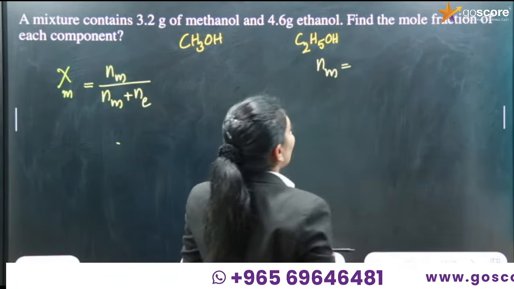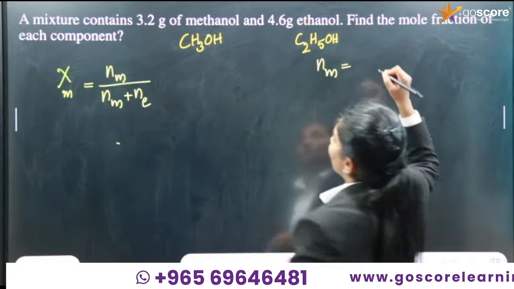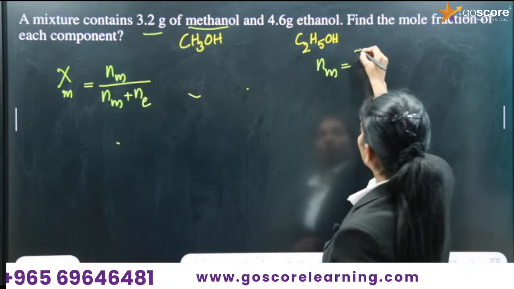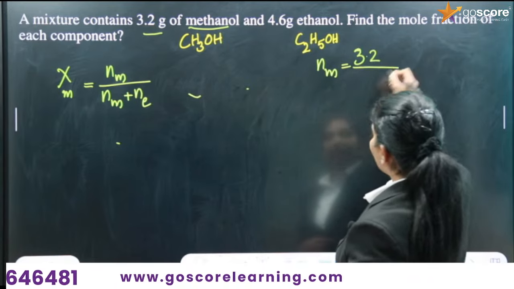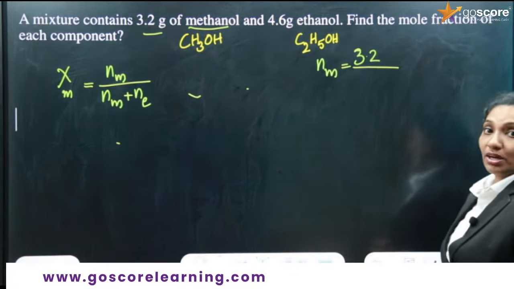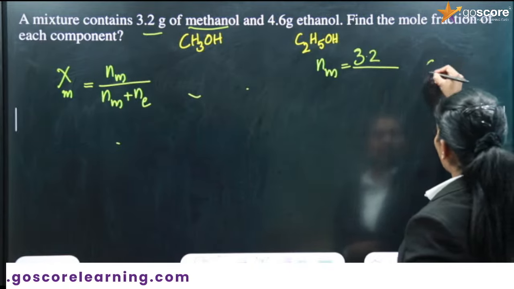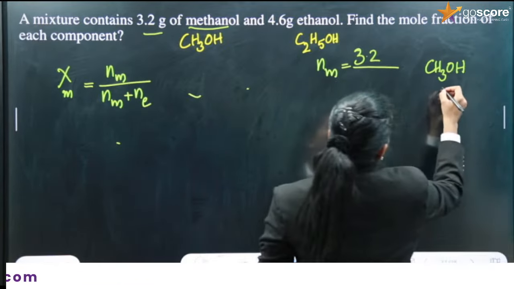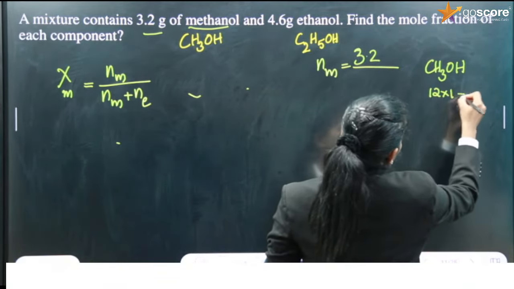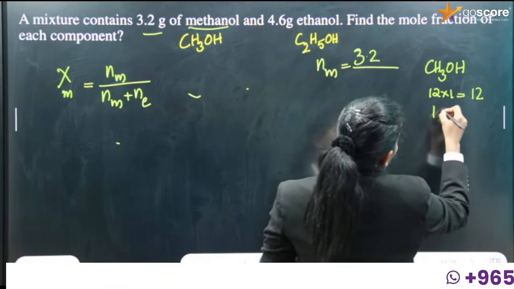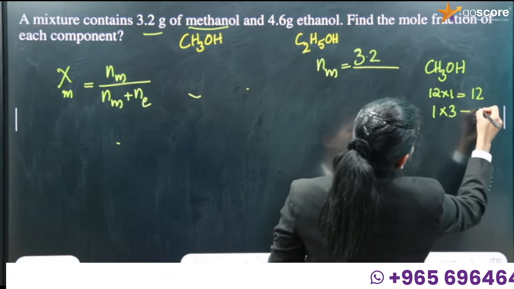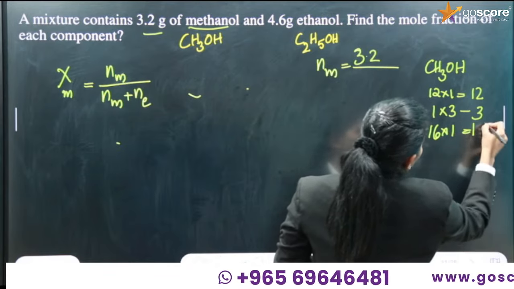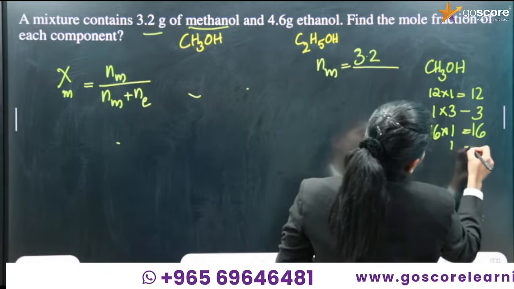Number of moles of methanol is equal to given mass. What is the mass of methanol? It is 3.2, divided by the molecular mass. It is CH3OH, so carbon 12 into 1, that is 12, hydrogen 1 into 3, that is 3, oxygen 16 into 1, 16, and 1 hydrogen.